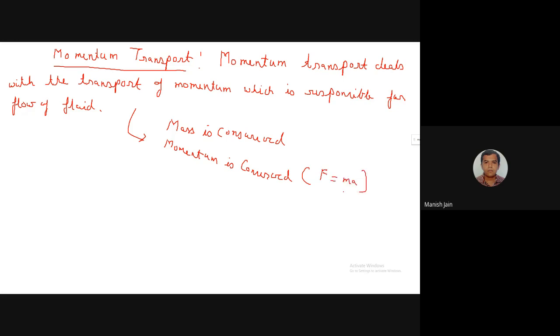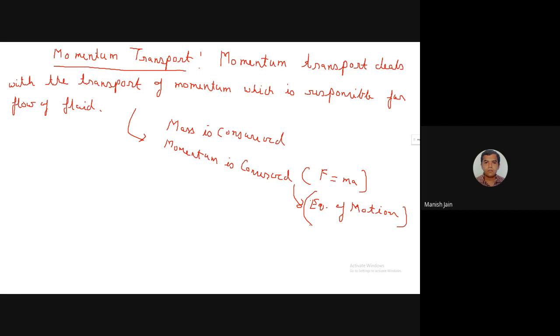Here you will get the equation of motion that I will teach you in this momentum transport part, which is used to predict the flow properties of any fluid. Now, the third law, every action has a reaction, is also used in fluid mechanics. Basically that is the same thing.